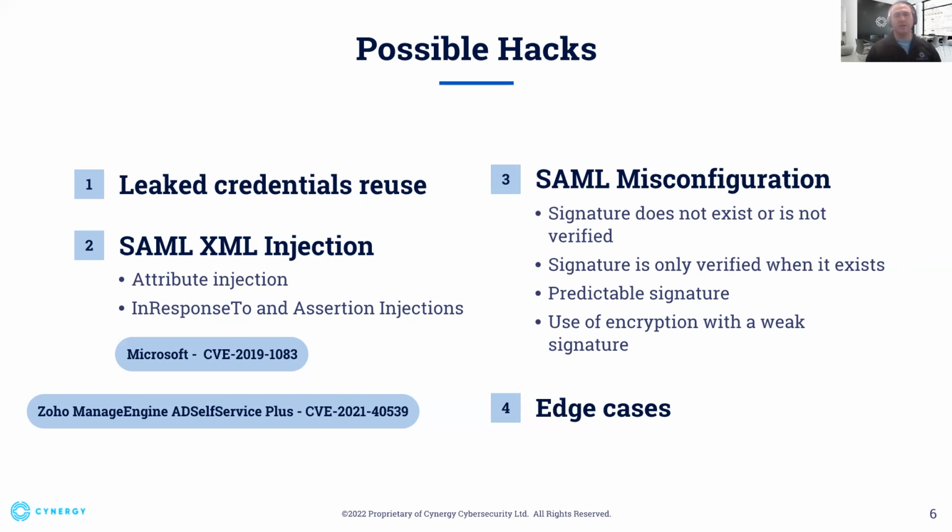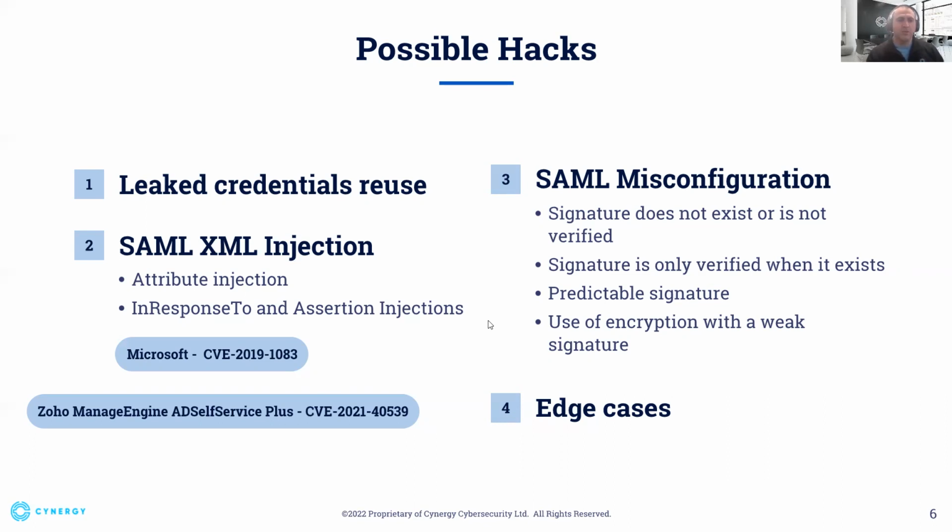There sometimes are predictable signatures, and sometimes the encryption that is used in order to generate the signature is weak. But there are also several edge cases, and this is why I wanted to speak with you today.